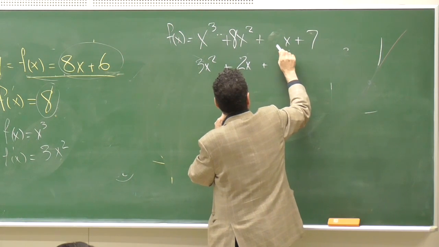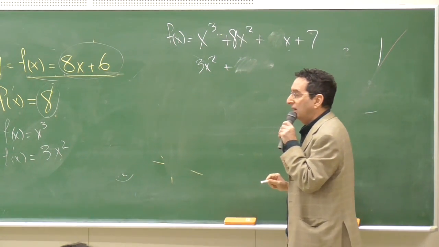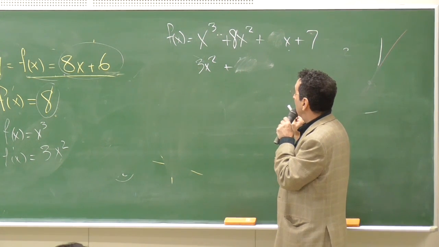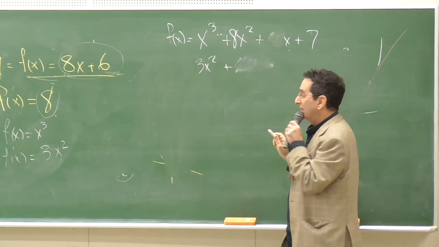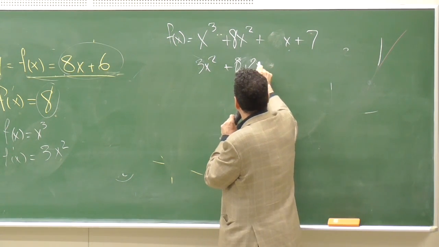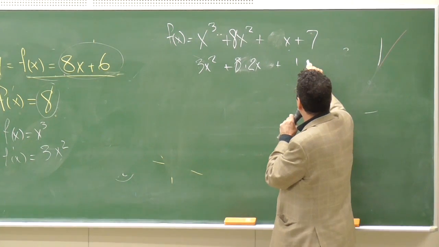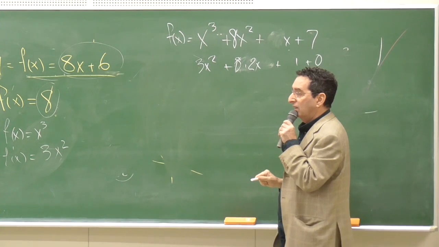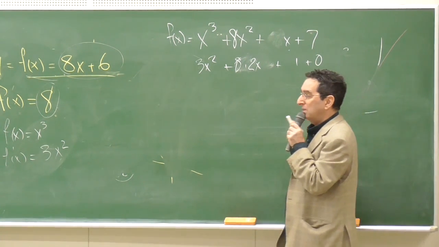Let me just make that x. Okay, so now what do I do for this one? It's 2x, and then you have to multiply by 8 at the end. So it's 8 times 2x, okay? And this one, I guess it's just 1, and this is 0, right? Okay? So you can just do them piece by piece.